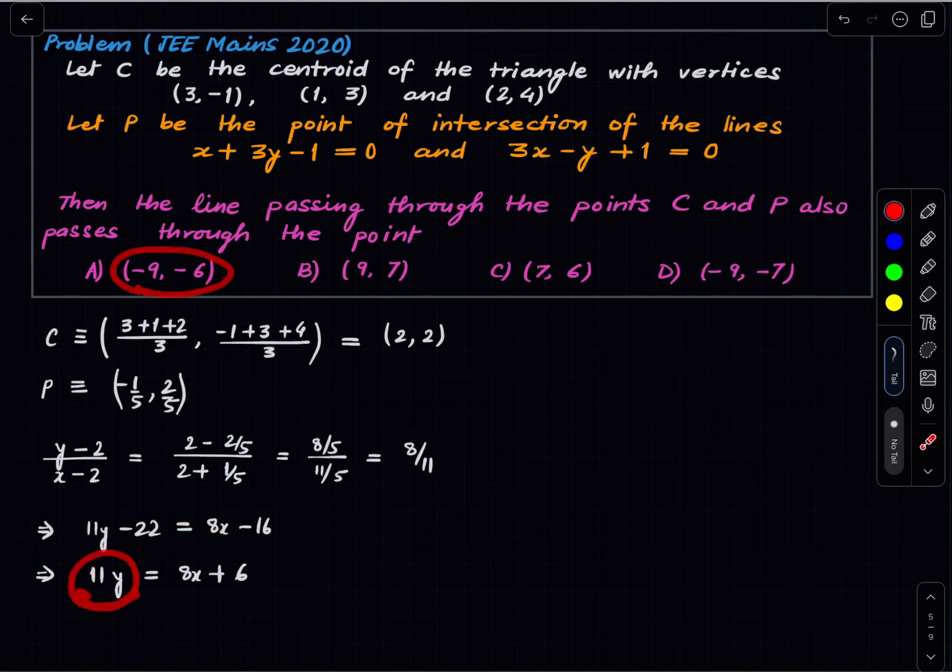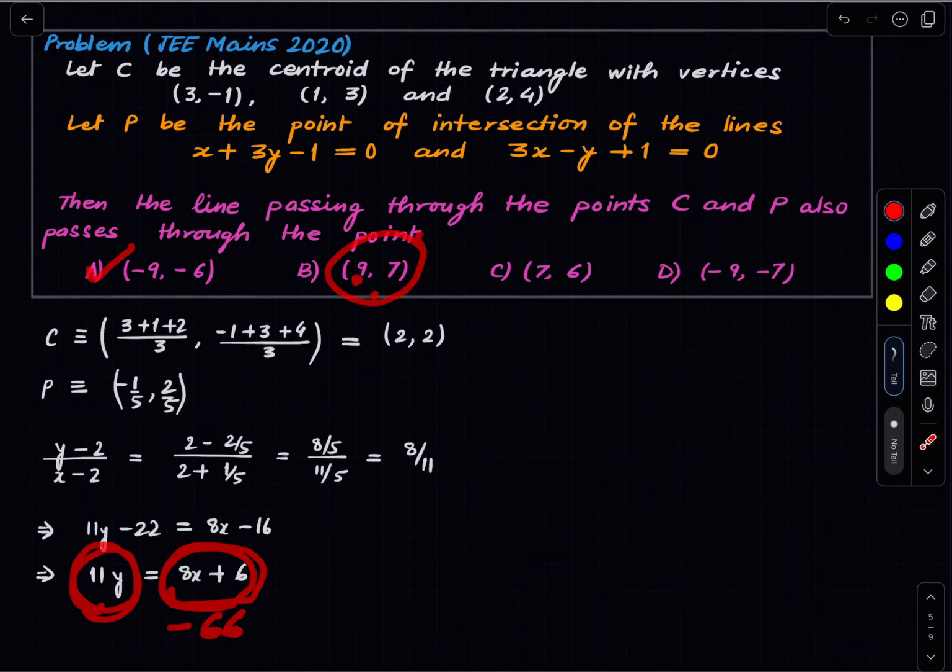And now we have to undertake the tedious task of finding which one satisfies this equation. For the first one, we get minus 72 plus 6 on the right hand side. Oh, I think that works. So the right hand side is minus 72 plus 6, which is minus 66. And the left hand side is also minus 66. So this definitely is something that satisfies it. What about that one?